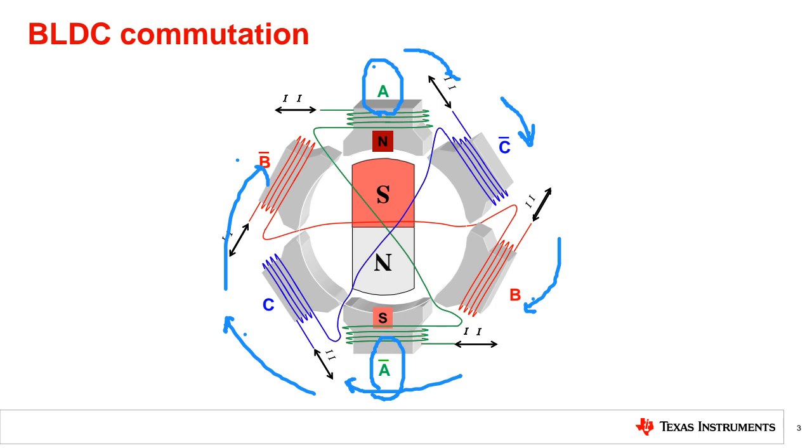However, the brush on the brush DC motor can cause high heat dissipation due to the compact construction of the motor. The brush commutation can also cause sparking as the brush makes and breaks contact.